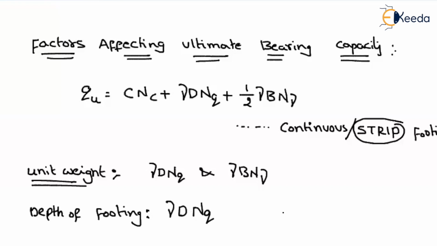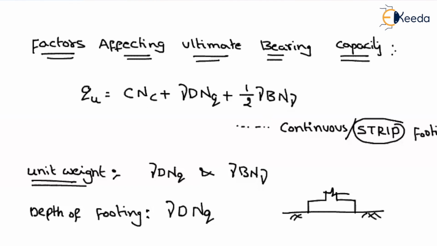Suppose you construct the footing on the ground surface, then what is your depth value? Your depth value will be equal to 0. Even if the depth is equal to 0, it will still have some capacity, equal to c Nc plus half gamma B N gamma. So this matches with reality. So if the depth of the footing increases, what can we finalize from here? If you increase the depth of the footing, then your bearing capacity will also increase.